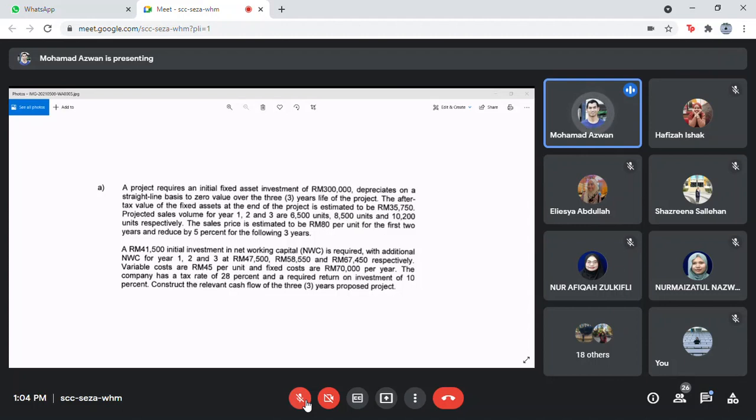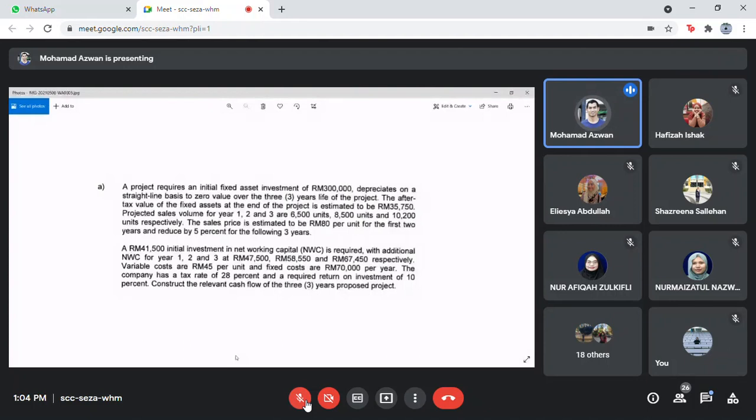In the meantime, please take note of the important figures here, for example, fixed asset cost 300,000. We just jot it down. You list them out below while I prepare the table.